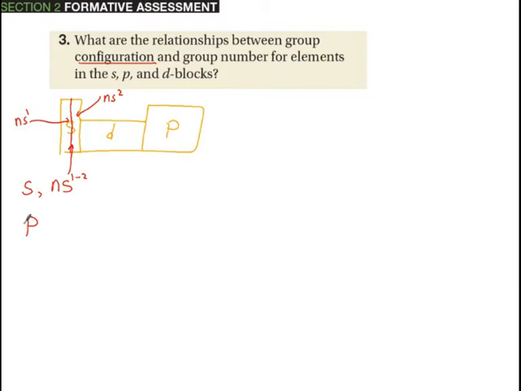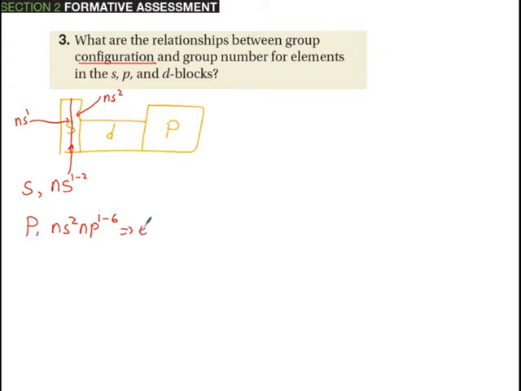The P block comes after S, so the S must be filled, and P can be 1 up to 6, which means NS2 NP1, NS2 NP2, NS2 NP3, and so on, all indicating the P block.